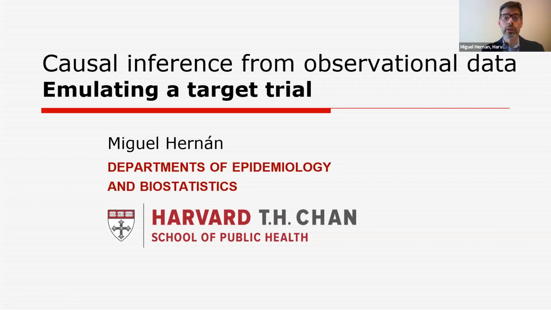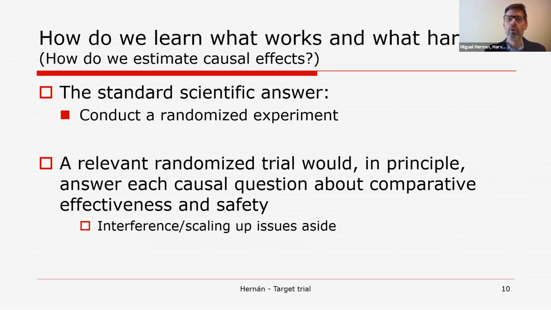So I'm going to be talking about causal inference from observational data, which is a different way of referring to target trial emulation. And we want to make causal inferences because we want to learn what works and what doesn't work. And the way that we learn what works, as we all know, is we conduct a randomized experiment.